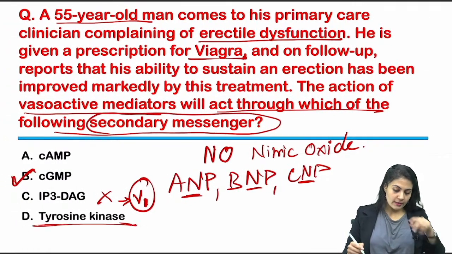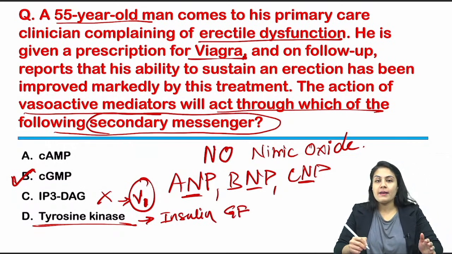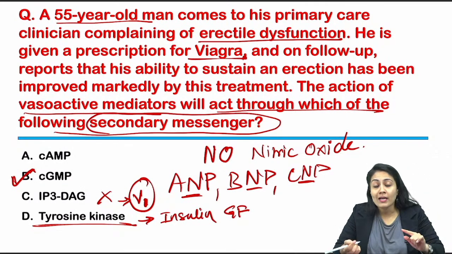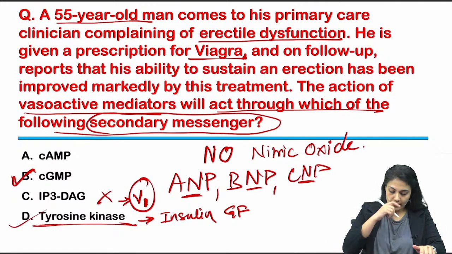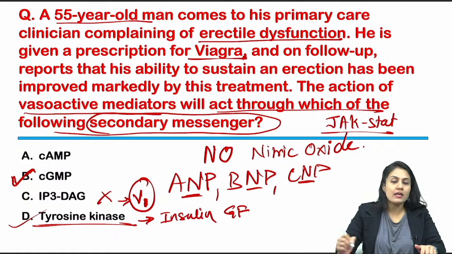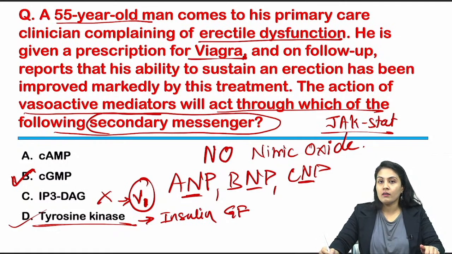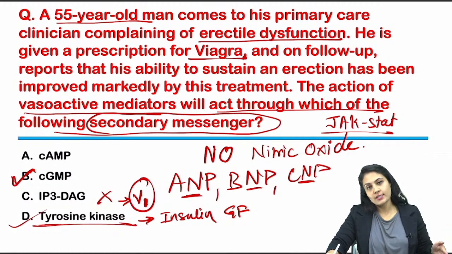Tyrosine kinase questions are also coming nowadays, so please remember it is insulin and growth factors like PDGF, platelet derived growth factor, fibroblast growth factor, nerve growth factor. If they ask about these, they are going to be tyrosine kinase. There is another one, the cytokine receptor, that activates the JAK STAT pathway, Janus kinase and signal transducer and activator of transcription.